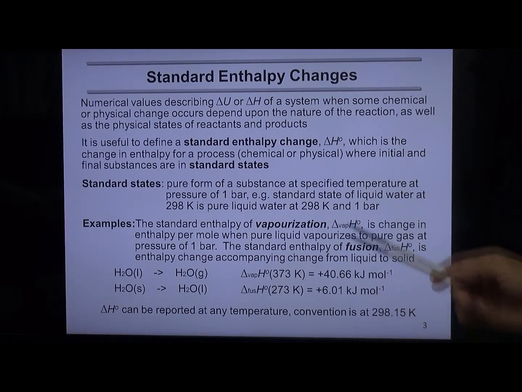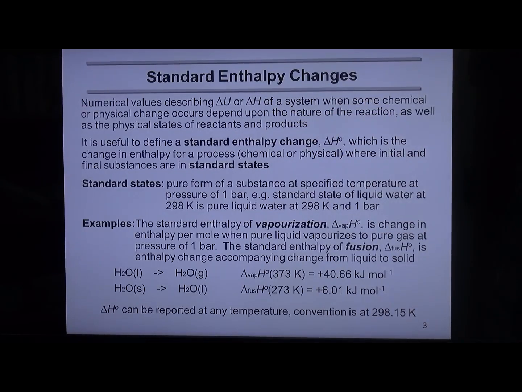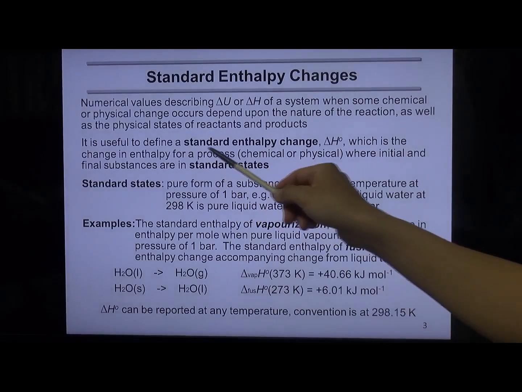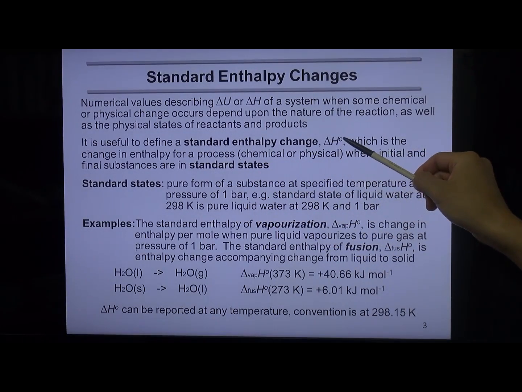And depending on those various conditions, this enthalpy change will be different, right? It'll make problems complicated. So we need some reference. Okay? So to describe enthalpy change, we define a standard enthalpy change, denoted as delta H naught.